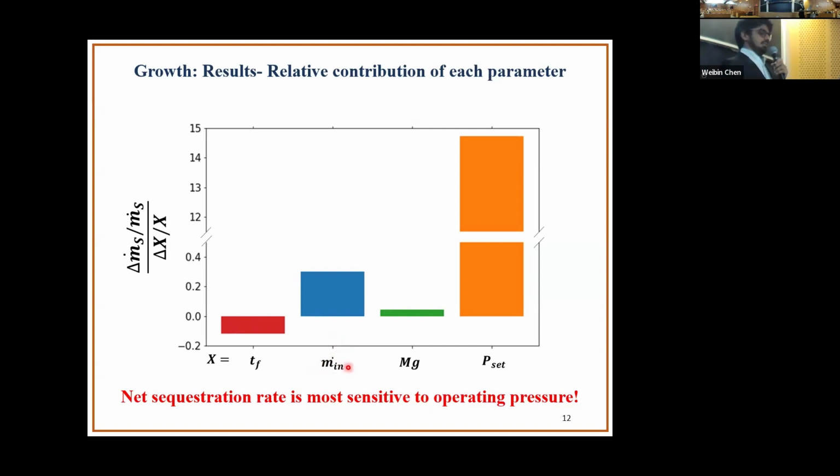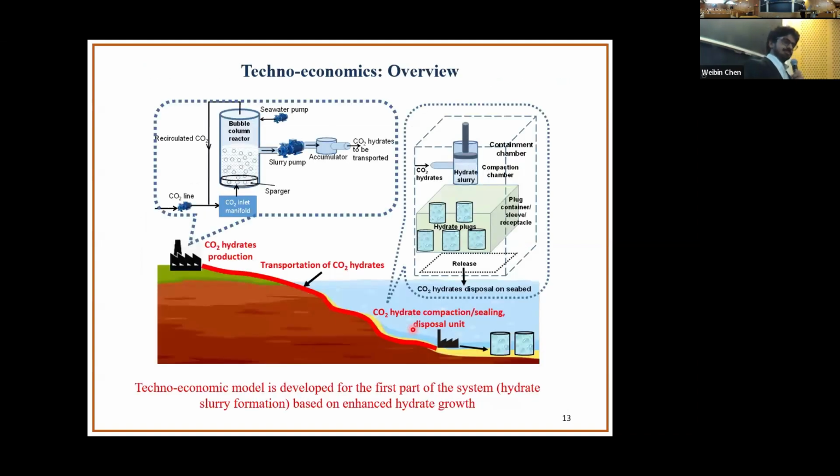Increasing the flow rate increases your overall sequestration rate, but not nearly by the margin that the pressure does. And magnesium only barely increases the sequestration rate. So overall we say that magnesium is an essential catalyst for hydrate nucleation, but the growth rate itself is more sensitive to operating conditions.